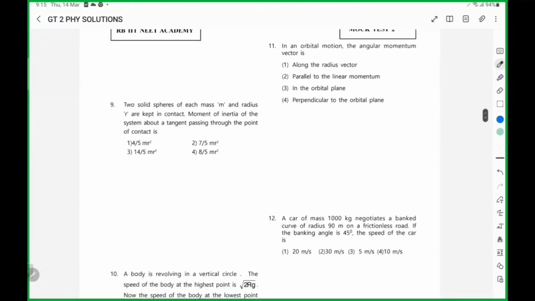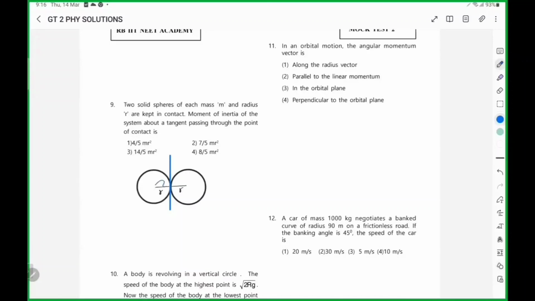Two solid spheres, each of mass m and radius r, are kept in contact. Find the moment of inertia of the system about the tangent passing through the point of contact.